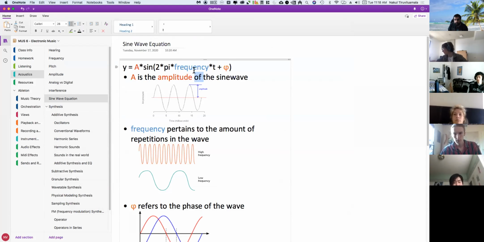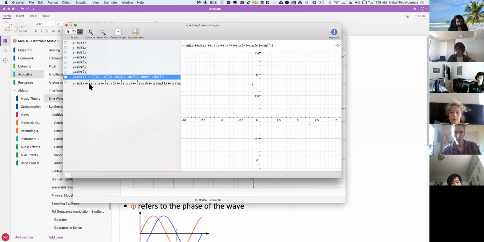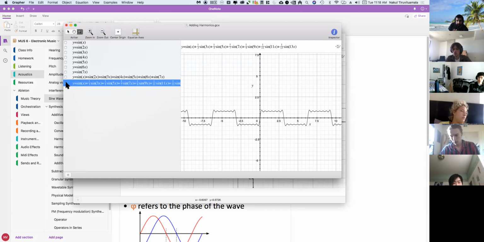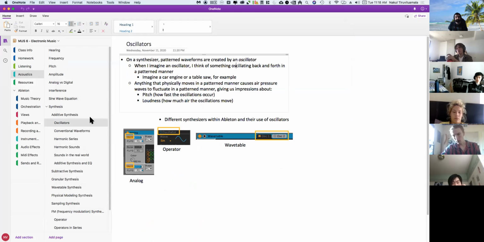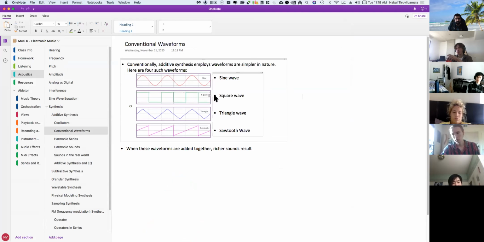The frequency is the number of repetitions. So if I just play around with these two terms, like the amplitude, so I go sine of x plus 1/3 sine of 3x plus 1/5 sine of 5x plus 1/7 sine of 7x. And what I get is actually a square wave. It was one of those waves I was talking about over here.